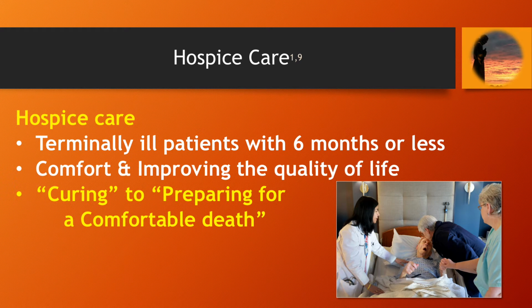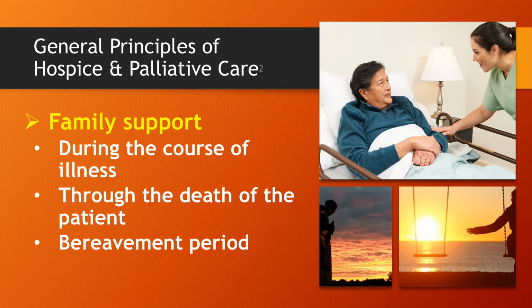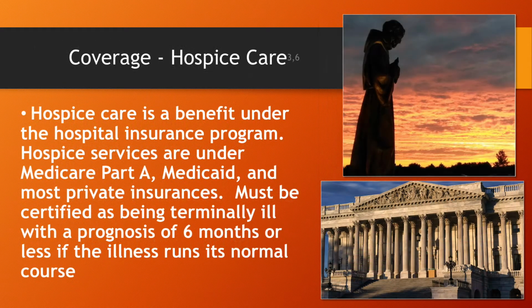One of the major differences between hospice and palliative care is that with hospice, the goal of curing the patient has now changed to preparing for a comfortable death. Hospice also provides family support during the course of the illness, through the death of their loved one, and during the bereavement period through the chaplaincy and social services.